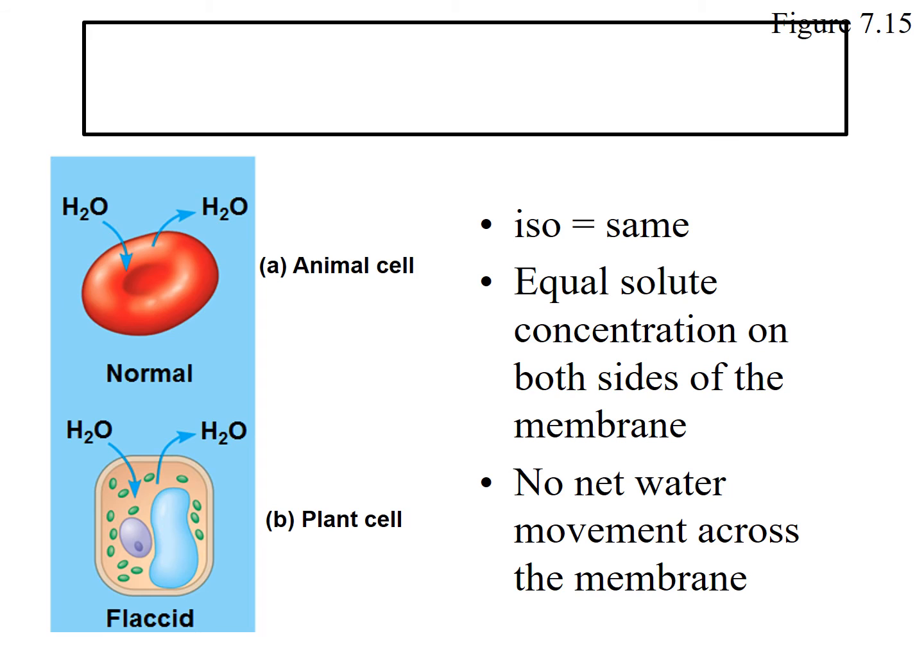Okay, so what happens then if everything is even, that the solute concentration is equal on both sides of the membrane? And this is what is called an isotonic solution. So this doesn't prevent water from crossing. So having equal solute concentration doesn't prevent water from crossing, but what it does do is that there is no net movement of water across the membrane.